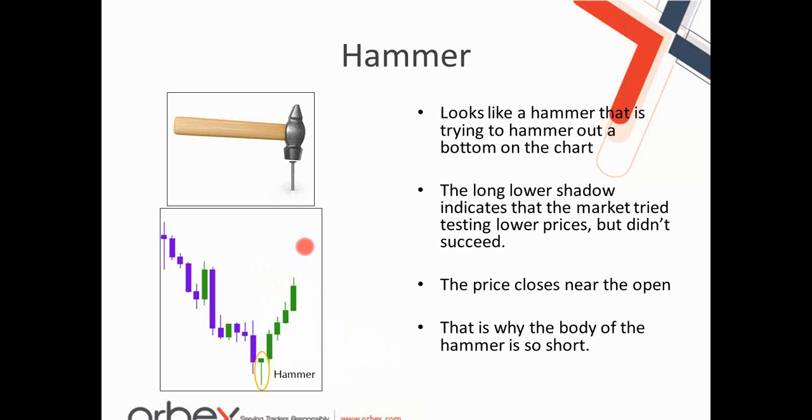So for example, if you have identified a double bottom, and this is the second bottom, and then you see the hammer candlestick formation, that gives you the thumbs up that, oh yeah, this double bottom pattern that I identified on the chart is real because of this hammer.